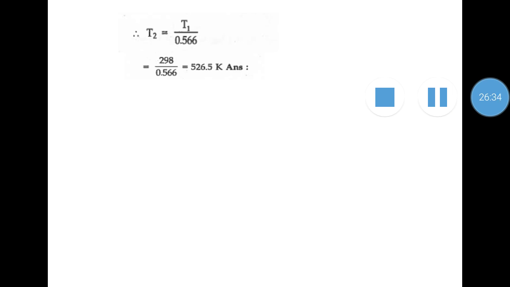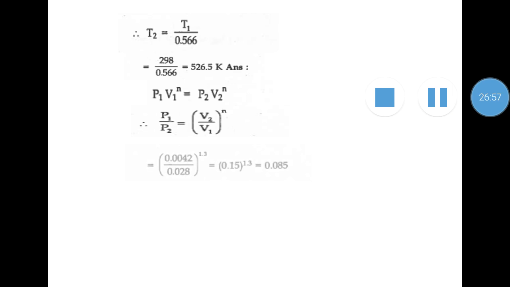526.5 Kelvin. Next, P1 V1 raised to n is equal to P2 V2 raised to n, using that relation. So in the pressure volume relationship, we can write P1 by P2 is equal to V2 by V1 raised to n, so we can calculate P2. Filling in those values, P1 by P2 is equal to 0.085.